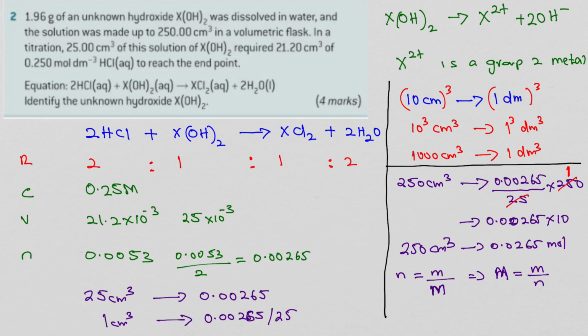So the relative molecular mass in this case will be the mass, which is 1.96, divided by the mole, which is now 0.0265. And if I divide that, that gives me 73.96 grams per mole.